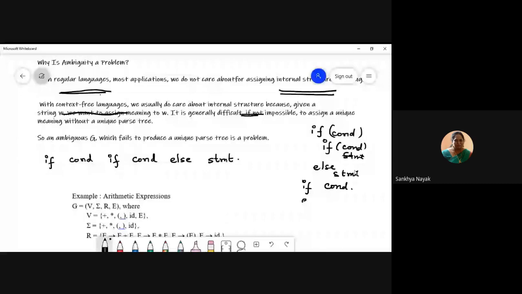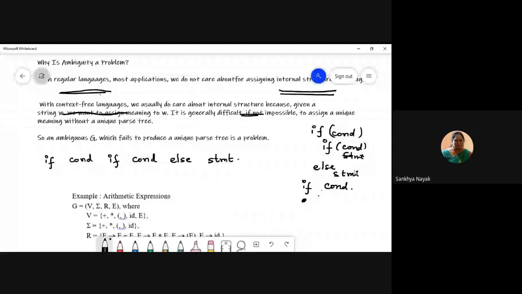or it can also be if condition, and then within this if, you can see that this else belongs to this.